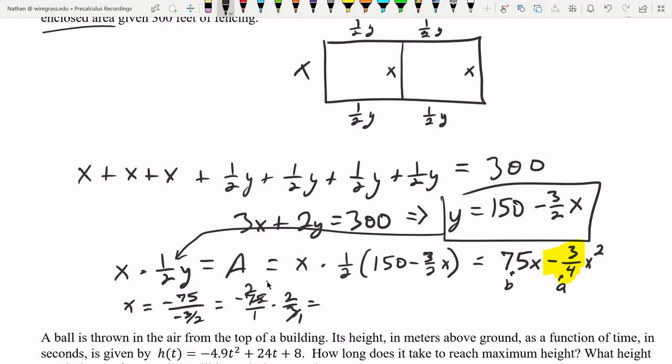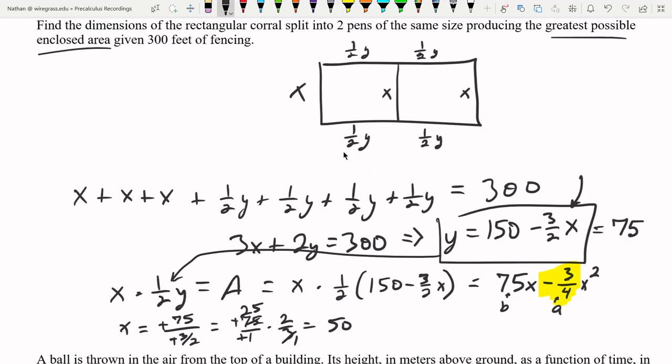That's going to be 25. Negative and negatives cancel. I forgot to do that. The negatives cancel here. And we get 50. Well, if x is 50, we know that y must be 150 minus 3/2 of 50. That's going to be 75. 150 minus 75. y must be equal to 75.